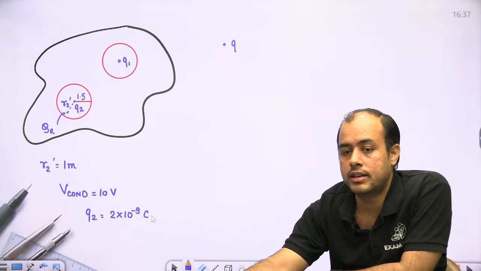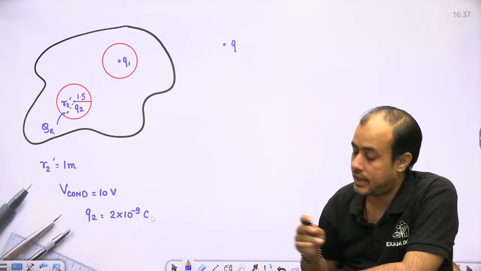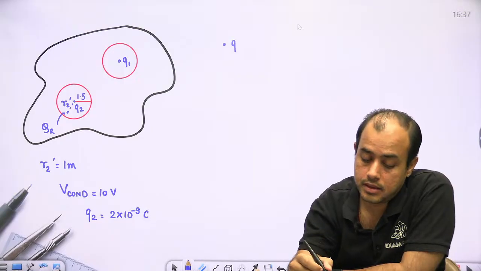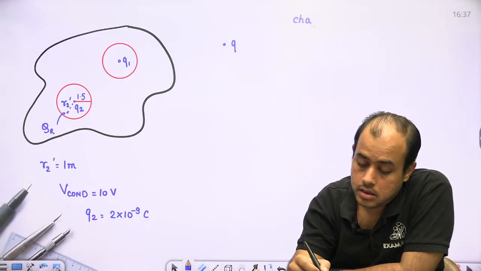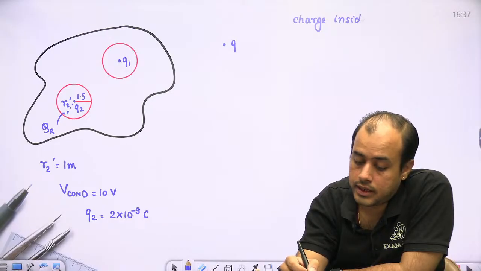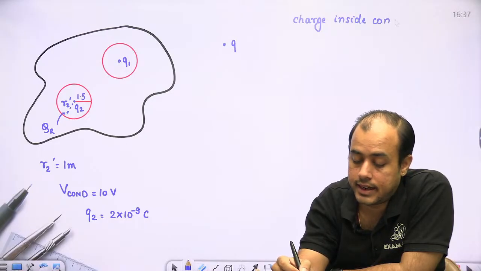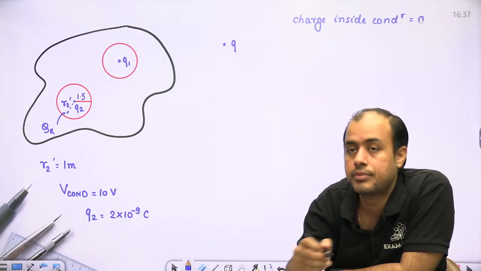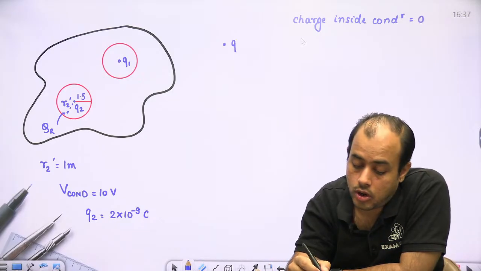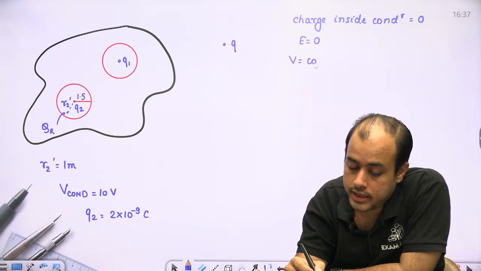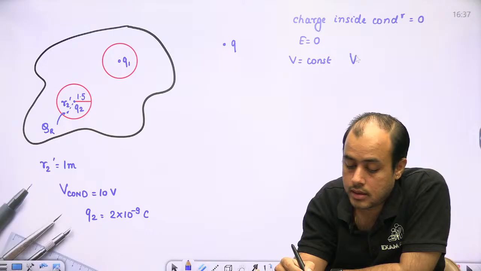Now what I want is the potential at QR. Now listen to me very carefully. In case of a conductor, beta, charge inside the conductor is always 0. Correct? So by Gauss law, electric field is 0. Therefore, potential is constant.